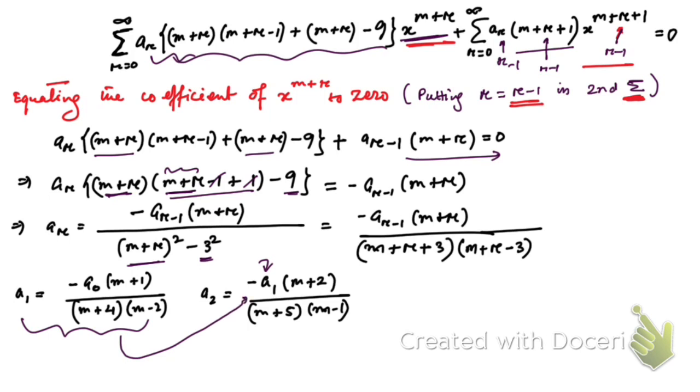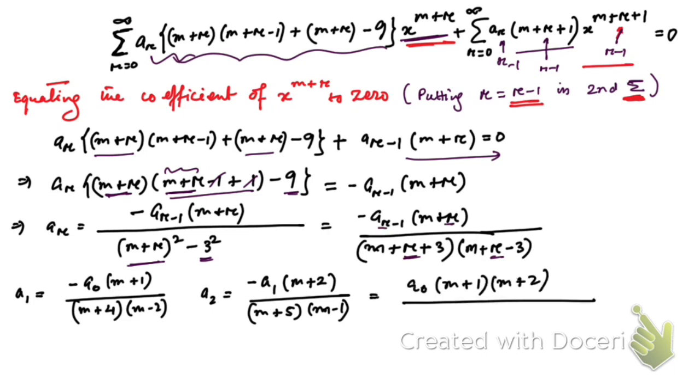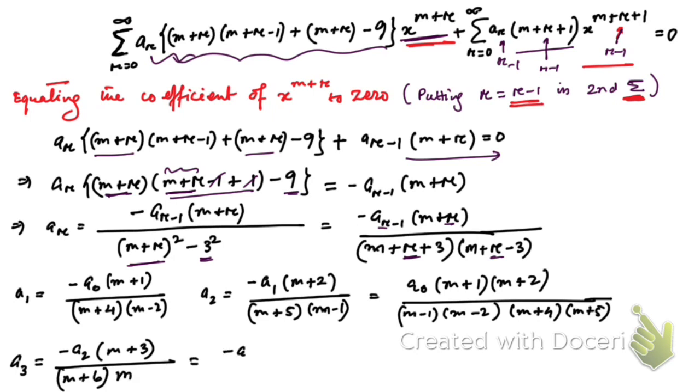Now put this one here, then you're going to have this result, right? And similarly you can find a3, a4, a5, and so on, right? For a3, putting r equal to 3, you're going to have this, and now put the value of a2 here.